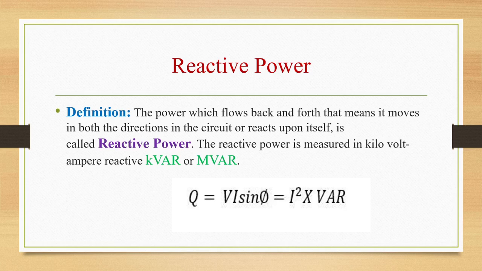M is mega here. So megavolt ampere reactive or kilovolt ampere reactive are the units of reactive power. The formula for reactive power is Q is equal to VI sin phi, or I square X VAR.